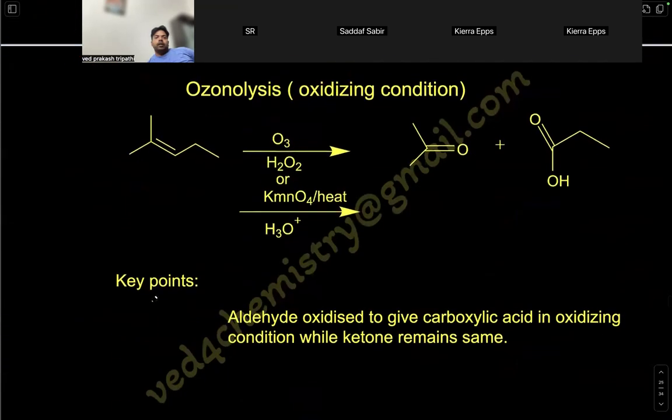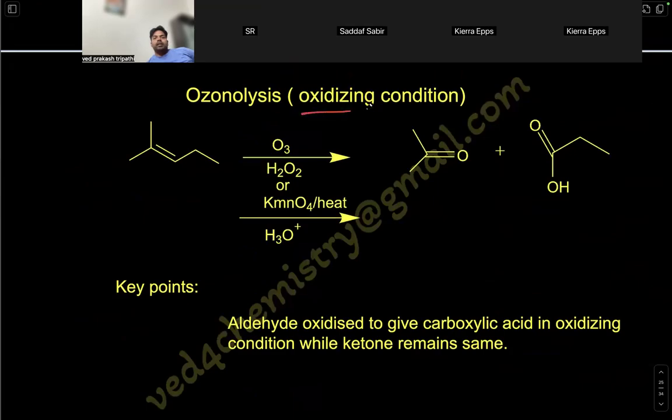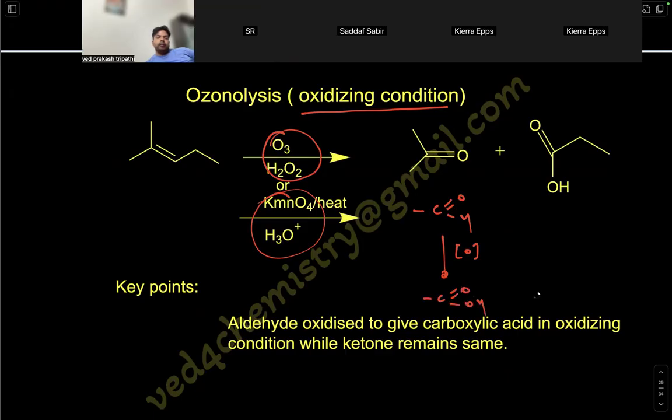Perfect. Next, oxidizing condition. Oxidizing always has H2O2 or KMnO4 with hydrolysis. And whenever you have an aldehyde as a product, it would oxidize to give a carboxylic acid as the final answer. So this is oxidizing ozonolysis. For example, we can break this and double bond O, double bond O. So 1 mole should be this and 1 mole should be this.